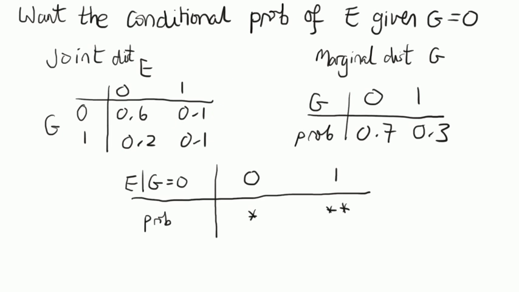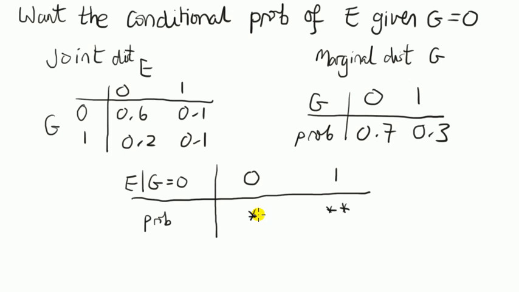Okay. Finally, we want the conditional probability of E given that G is 0. Now, here is the table we need to complete. The distribution table, E given that G is 0. Well, when G is 0, we know that E can be 0 or 1.